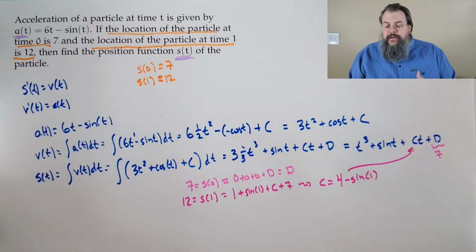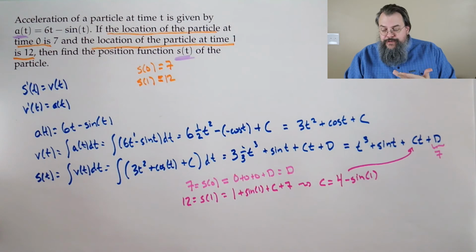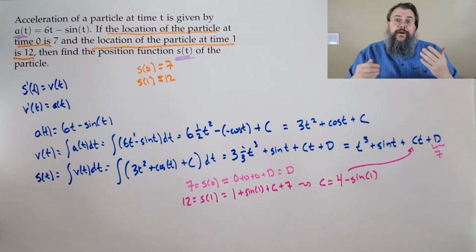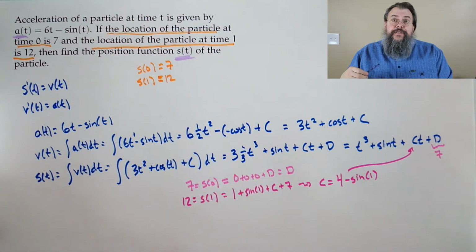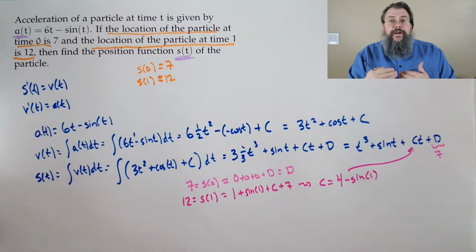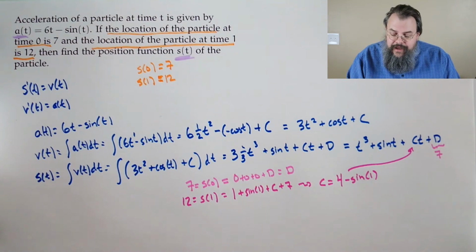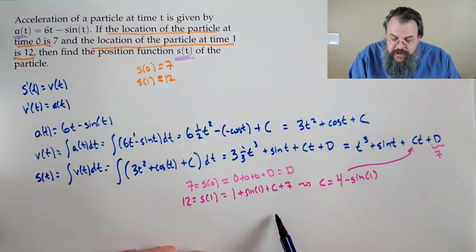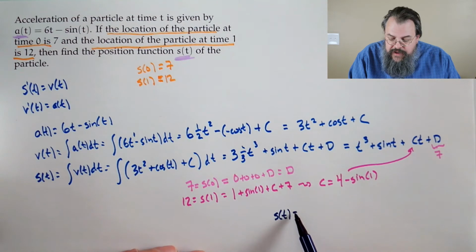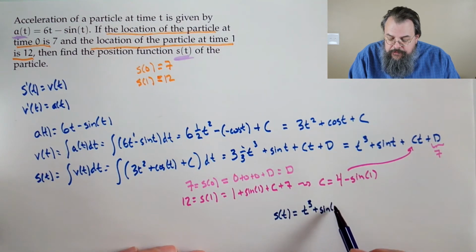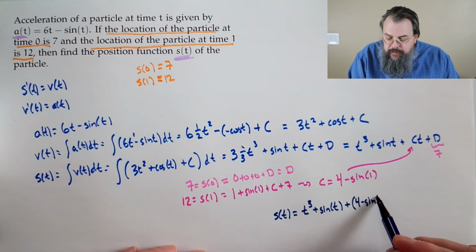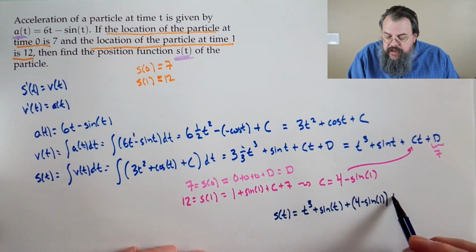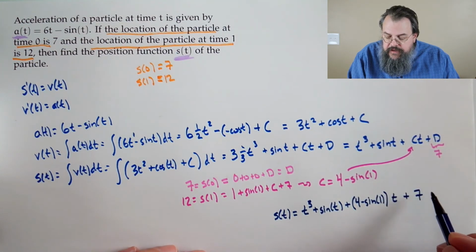Now we know everything, because we had our function up to what C and D are, but now we have our information, and these are also called initial values. So using those initial values, we can solve, and we come to our conclusion that our position function at any given time is t cubed plus sine of t plus this crazy constant, 4 minus sine 1, times t, plus 7.